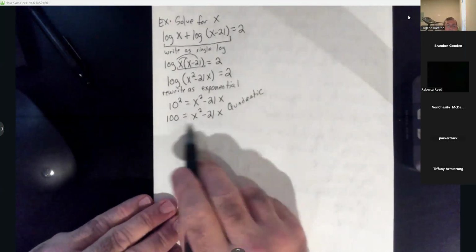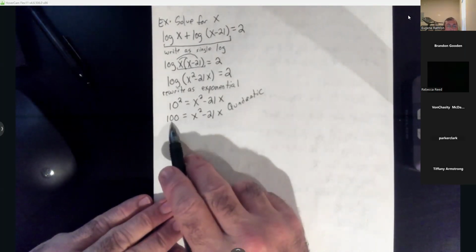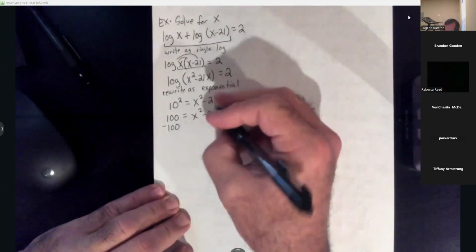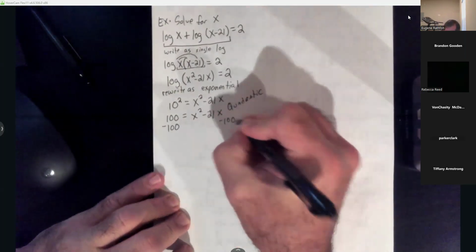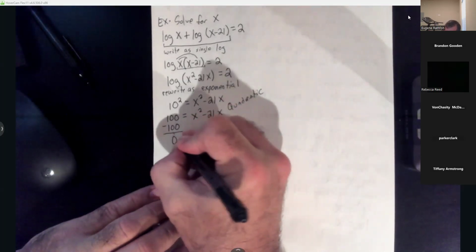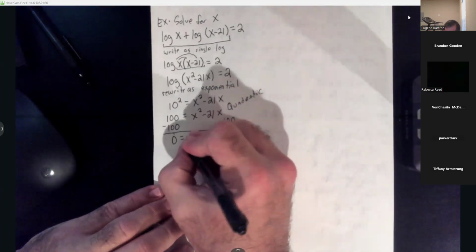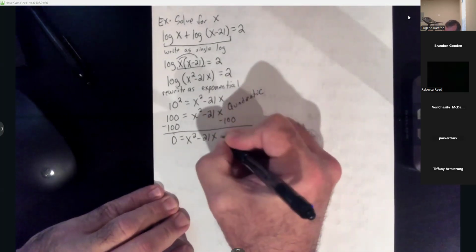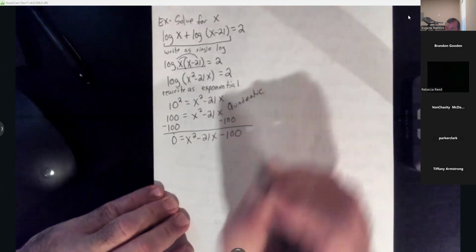So I need to get 100 over here and make this side a 0. So to do that, I'll subtract that 100. So here's what we get. We get a 0 over here. That's going to give me x squared minus 21x minus 100.